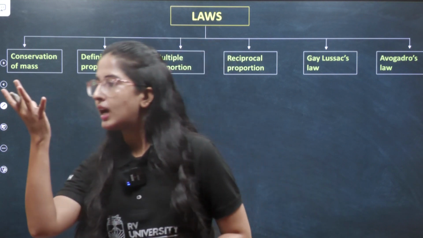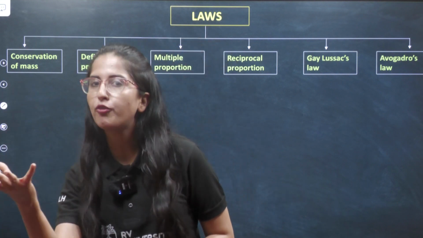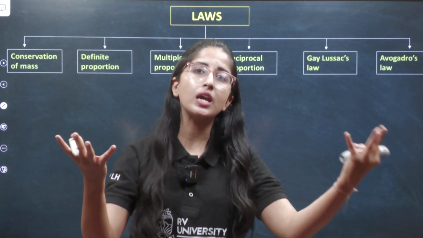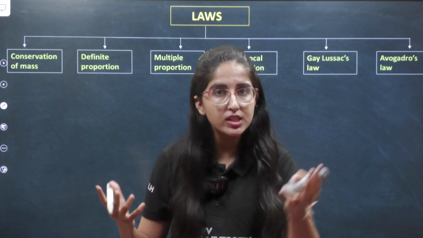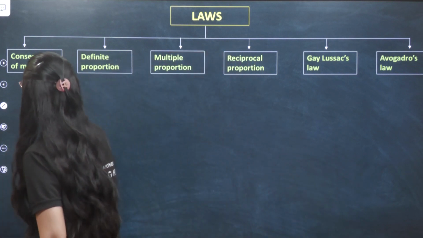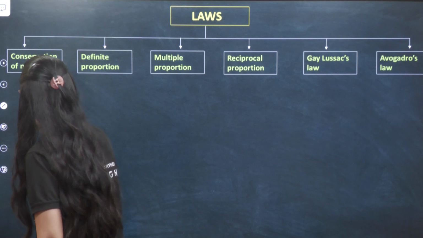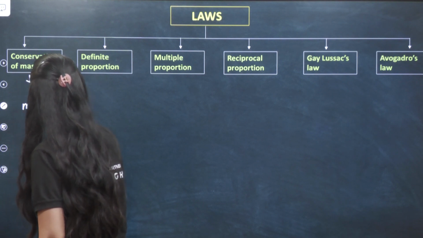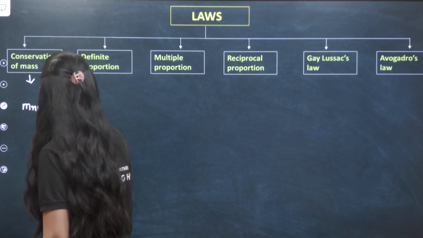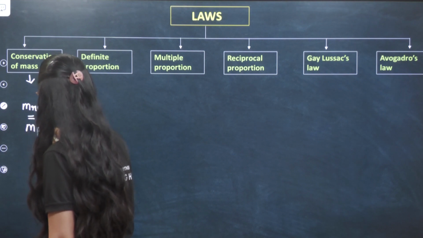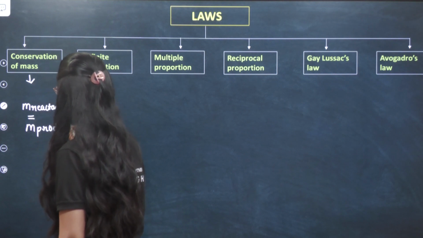That means how much amount of reactant you have taken, that is its mass, must be equal to mass of the products formed. So you can simply remember it as mass of reactants is equal to mass of products.